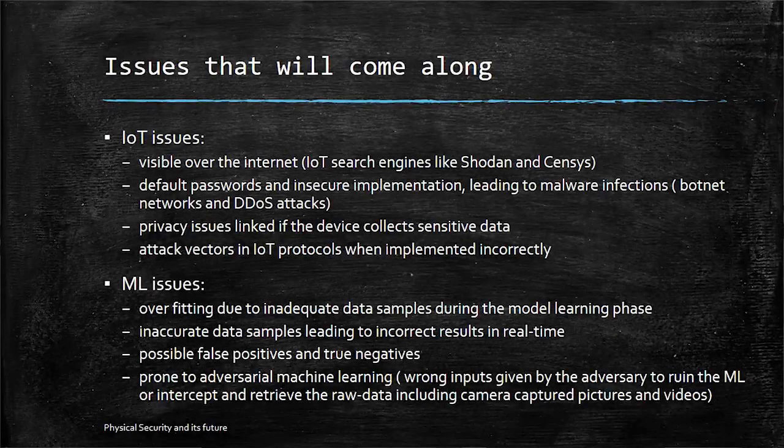Therefore, distributed denial of service attacks are also possible the moment you touch IoT. It can also disturb your privacy, because these devices collect sensitive data of what is happening around. It may not be the content, but this data is also sensitive: what has moved from where, when, how, and so on. That itself is a bigger concern.